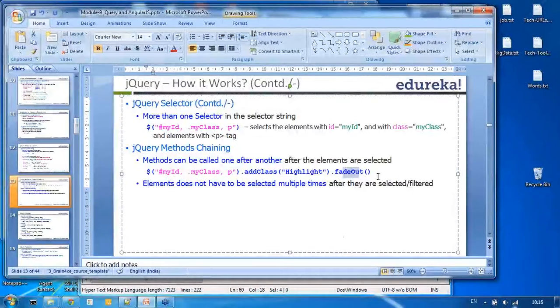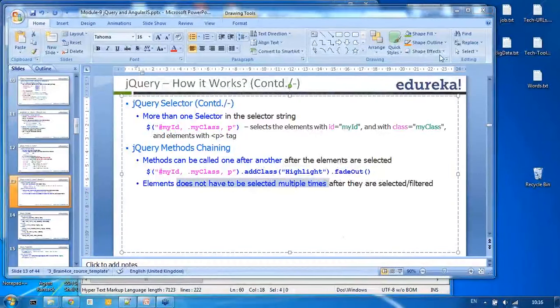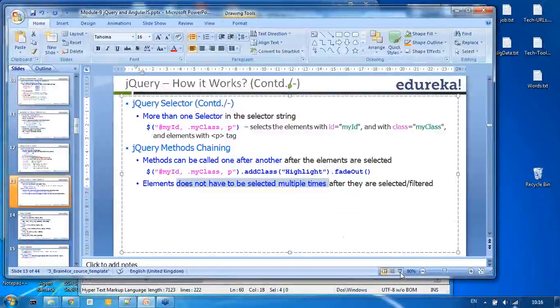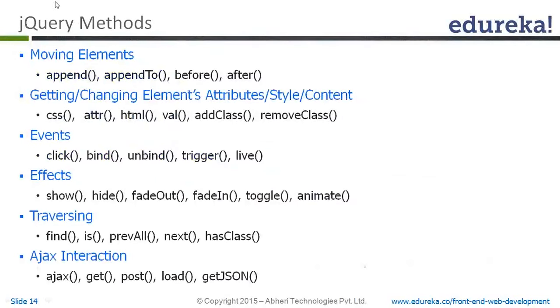One important thing is you don't have to select the elements multiple times. You select once and apply multiple operations on them using chaining. These are all different jQuery methods.